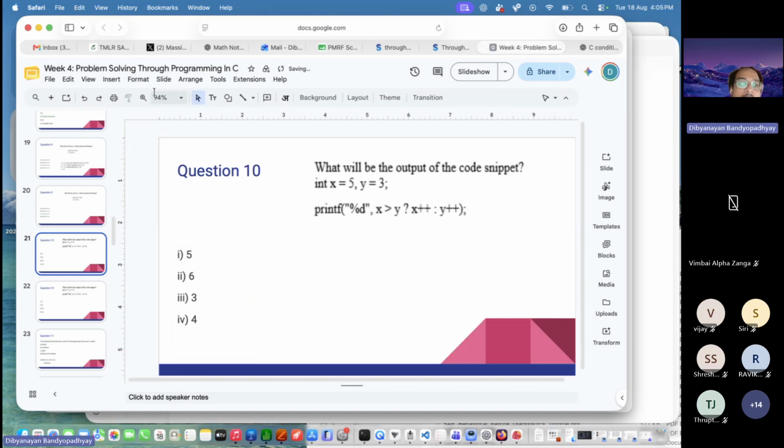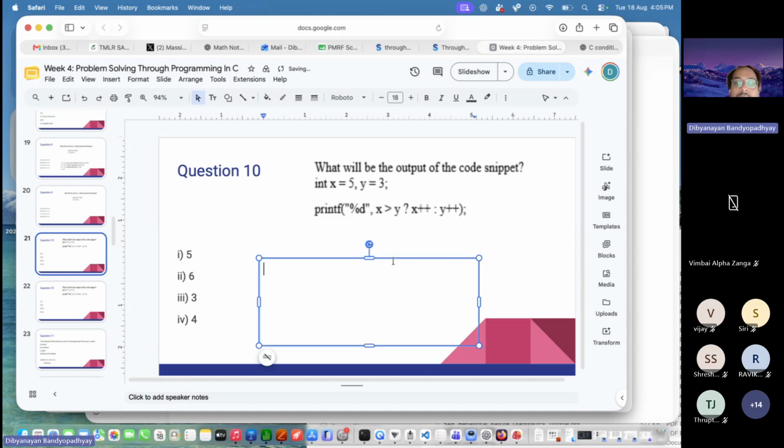So how is it 5? Let me explain. How do you evaluate a ternary operator? You just see this portion: if this is true, then you write this, or if it is false, then you write this.